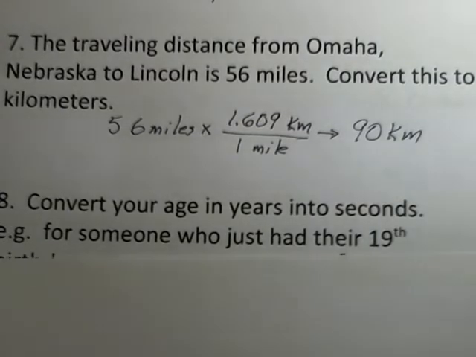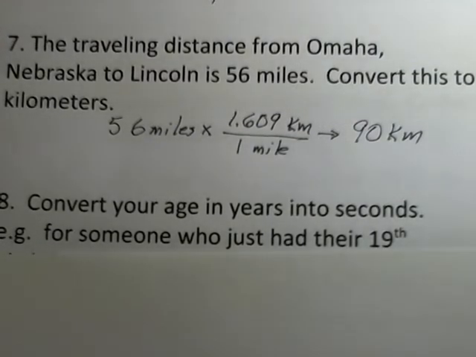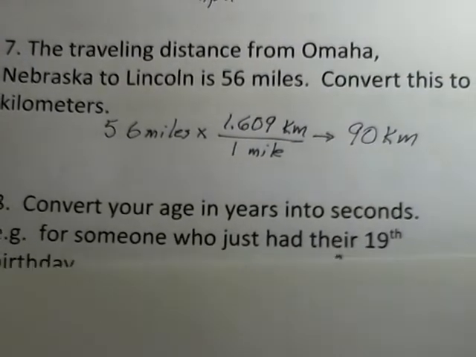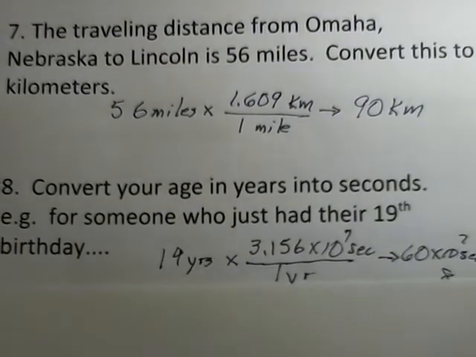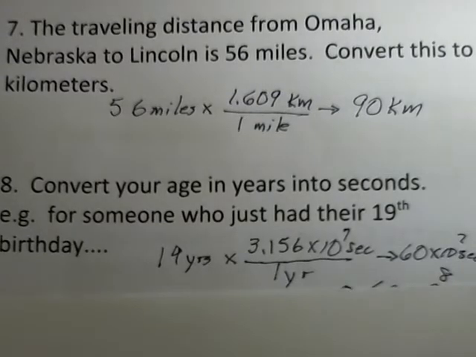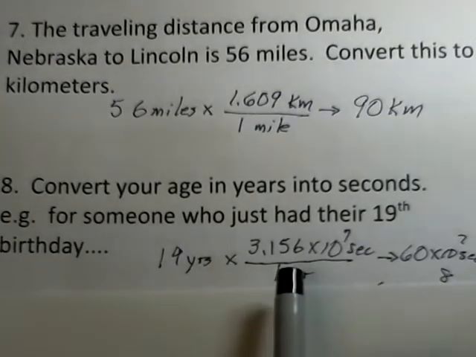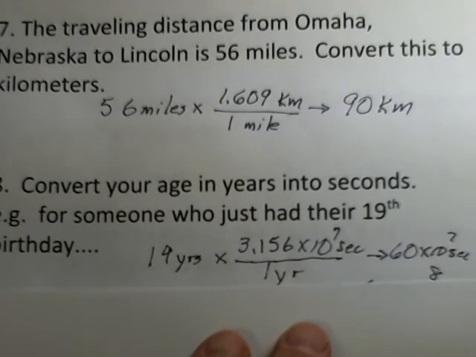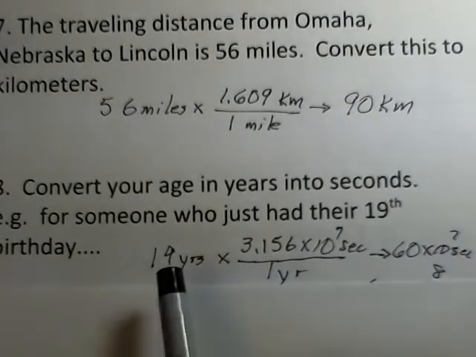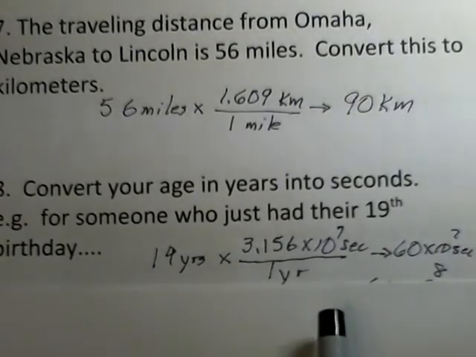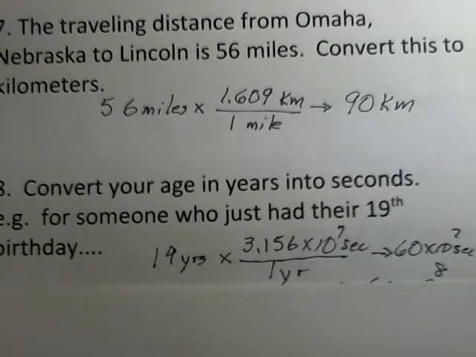And what about your age? I'll do this example for someone who just had their 19th birthday. They've had 19 trips around the sun. So 19 years and 3.156 times 10 to the 7th seconds is 1 year. So we would have a person with an age of 60 times 10 to the 7th seconds. It's just the 19 times the 3.156 produces the 60.